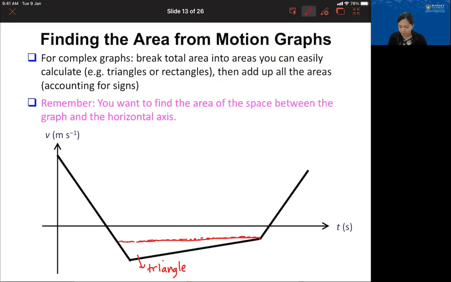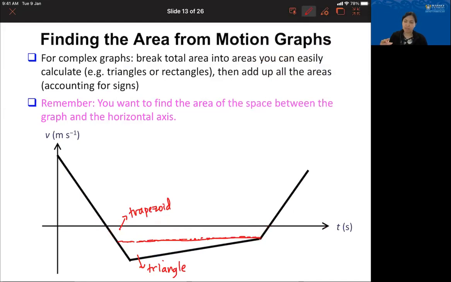Okay. And the area above is actually a trapezoid, right? Right? So you actually have these 2 bases that are parallel and these 2 legs that are not parallel.